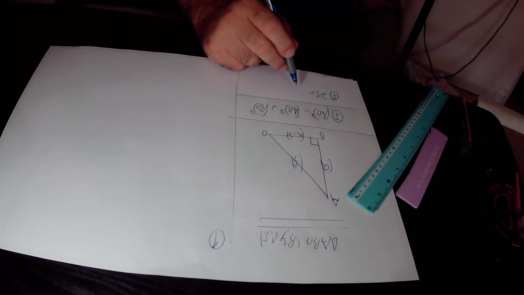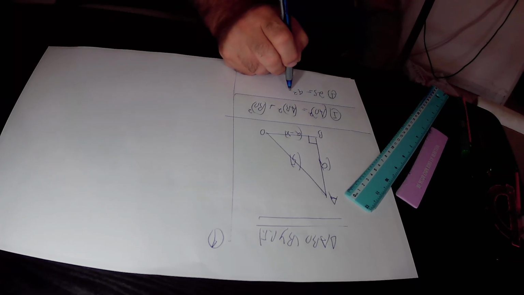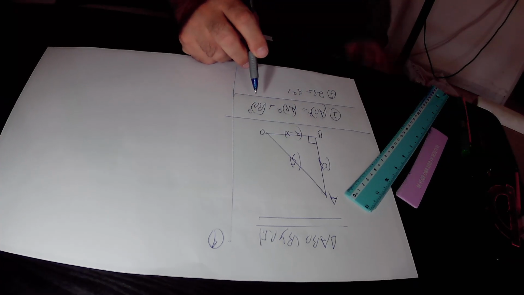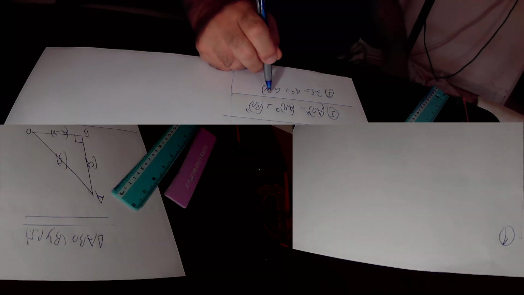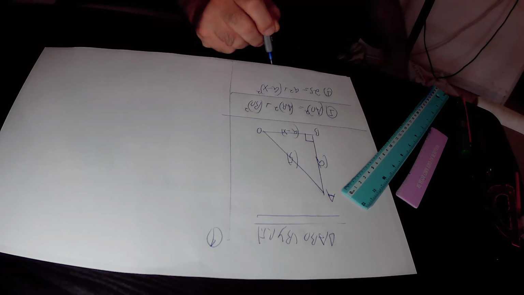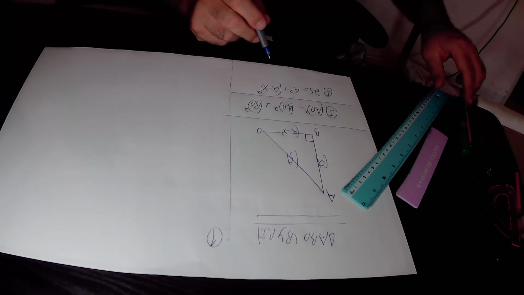AB is A, therefore AB squared is A squared, plus BO squared. BO is A minus X, therefore BO squared is A minus X squared. So in total, according to equation 1, we find that 25 equals A squared plus A minus X squared.